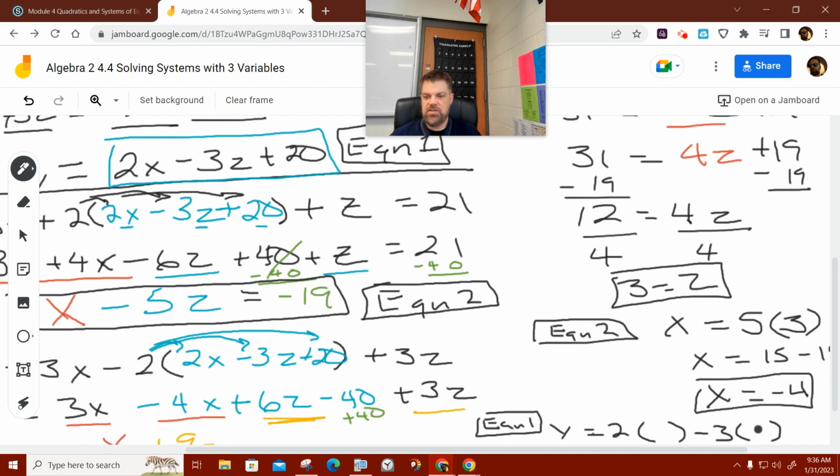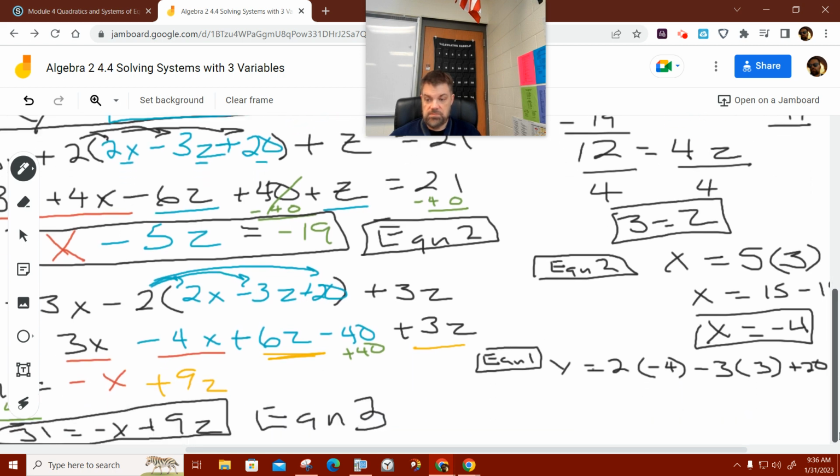What's z? 3. What's x? Negative 4 plus 20. So then I get y equals 2 times negative 4, which is negative 8. Negative 3 times positive 3 is negative 9 plus 20. Negative 8, negative 9 is negative 17. 20 minus 17 is 3, right?